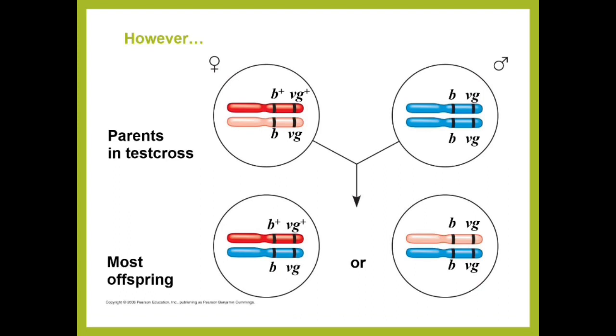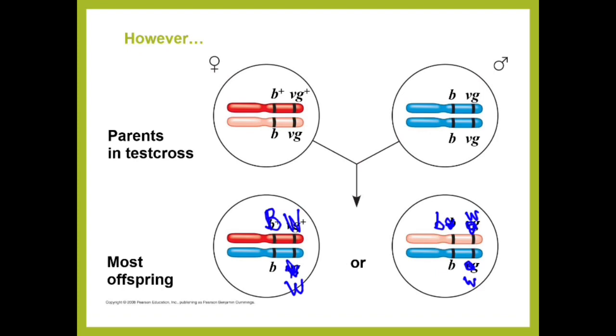If I rewrite this, it's going to be like this, B, little v, and this is B, this is little w, this is little w. Basically, most of my offspring look like my parents.